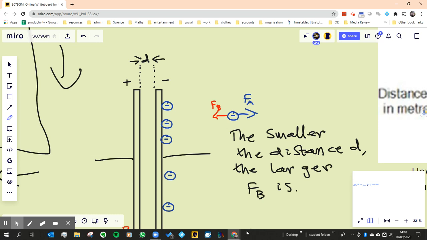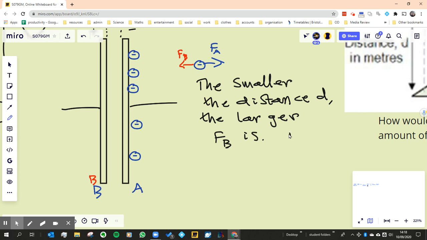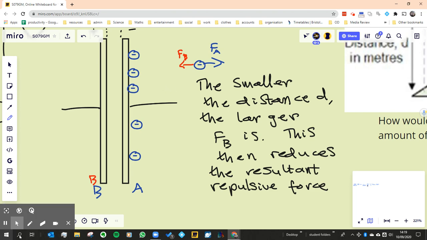Because as you're getting closer to it, the positive charge is able to get closer and produce an overall larger force. And this then reduces the resultant repulsive force. Does that make sense? I think I explained it okay at the end.